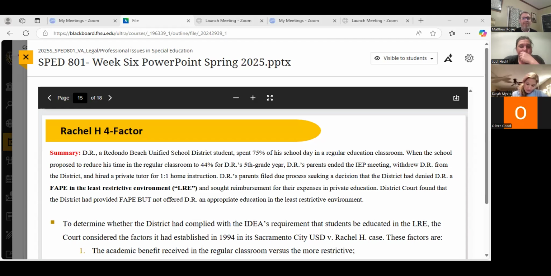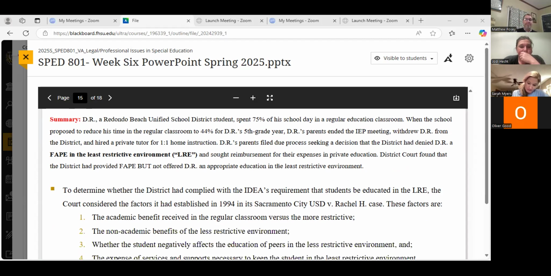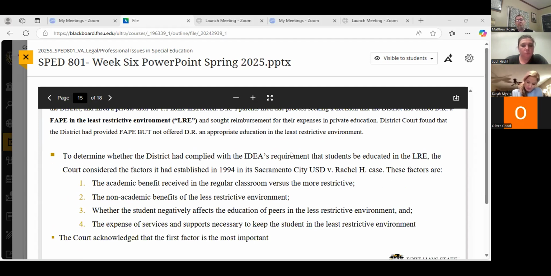The court found that the district had provided FAPE, but, key term, they did not offer DR an appropriate education in the least restrictive environment. To determine whether the district had complied with IDEA requirements that students be educated in the least restrictive environment, the court considered factors it had established in 1994 in a previous case.